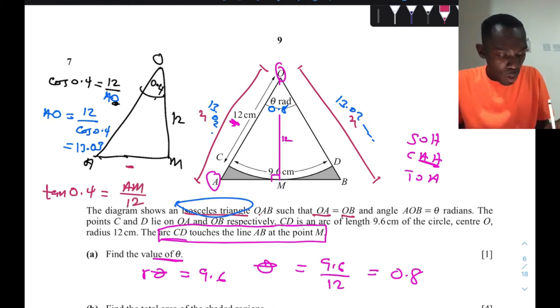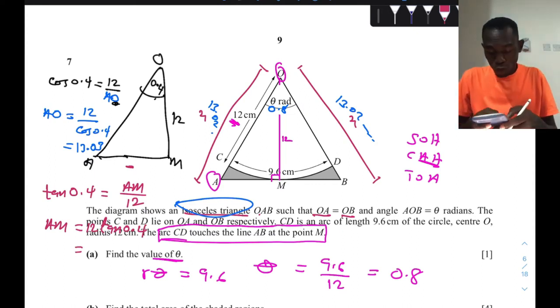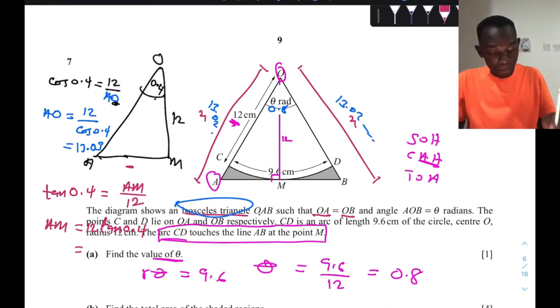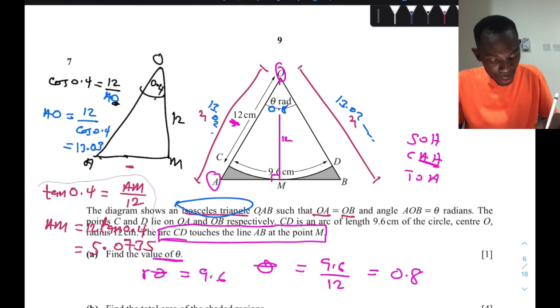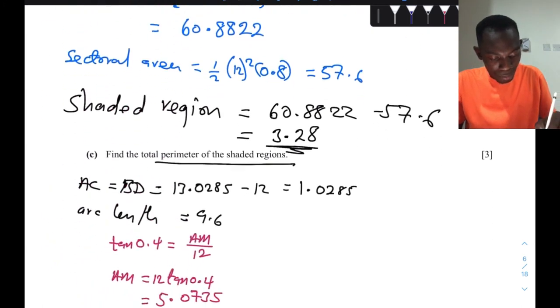Good. So AM will be equal to 12 tan 0.4, which will give me 5.0735. Okay, now I'm going to take all this and go put it down there to show working for what I'm doing.